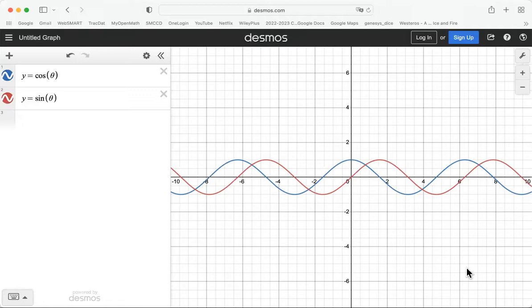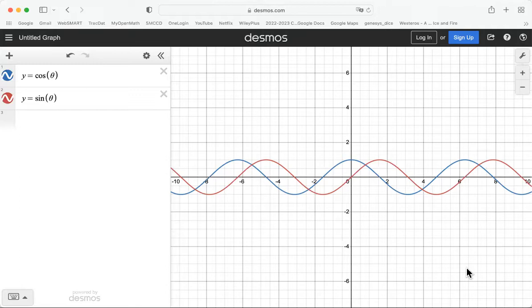Here's what we want to do. We want to see what happens if I start making changes using multiplication. So I just want to pick one. I'm going to pick cosine. And along with cosine, I want to see what happens if I graph these functions. I'm going to change some things with multiplication.